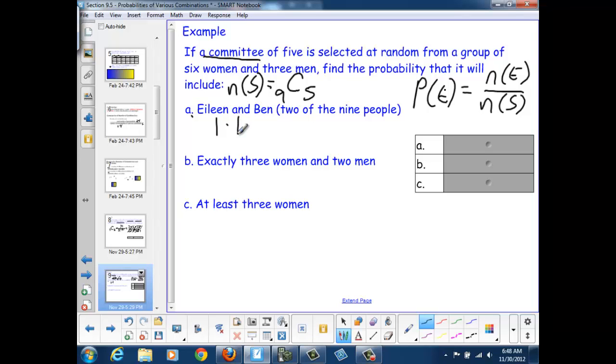And then I choose 3 more people to fill up my committee. So I need to create combinations of 3 out of the 7 remaining options.